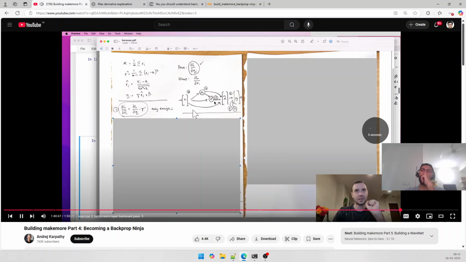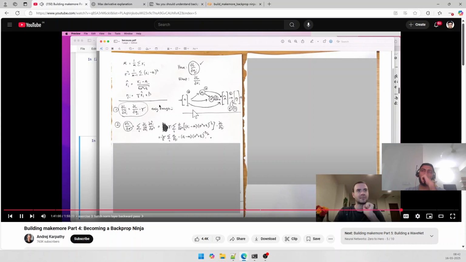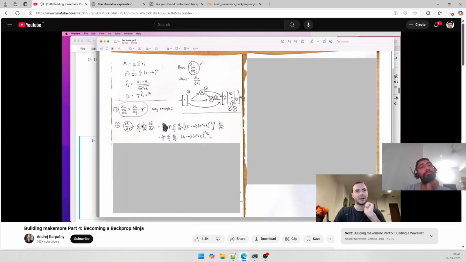So give it a go, and we have to remember again, like I mentioned, that there are many x hats here. And remember that for dL by d sigma squared, we have to actually consider all the possible paths. There's many x hats, and they all depend on sigma squared. So sigma squared has a large fan out.